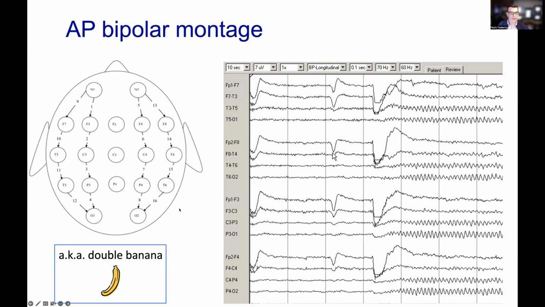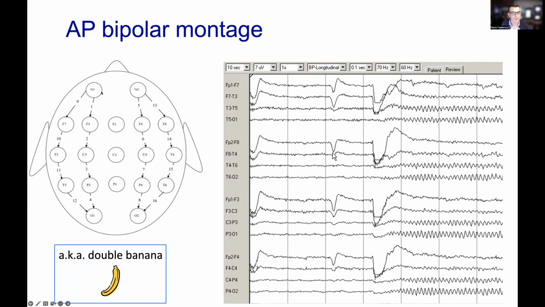Here's what an EEG looks like, and the EEG electrodes on the scalp. Electrodes are placed on the scalp in a very systematic way called the 10-20 system. Electrodes are put in the frontal polar region here, left and right, frontal, left and right, temporal, central, temporal, parietal, and occipital.